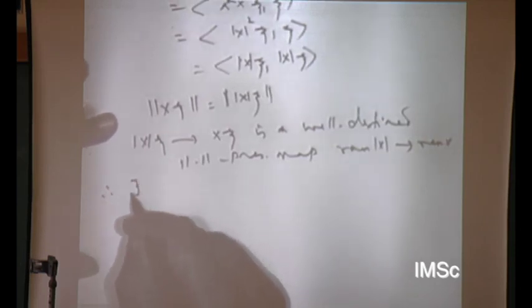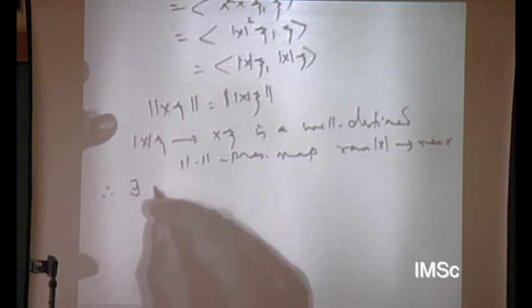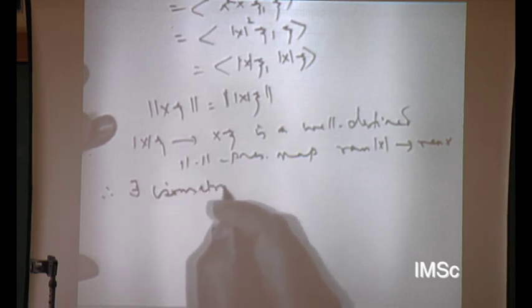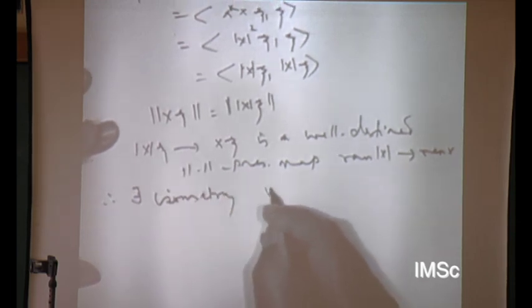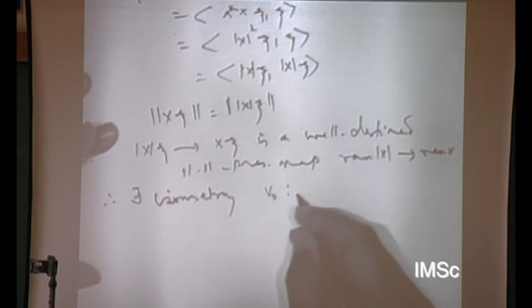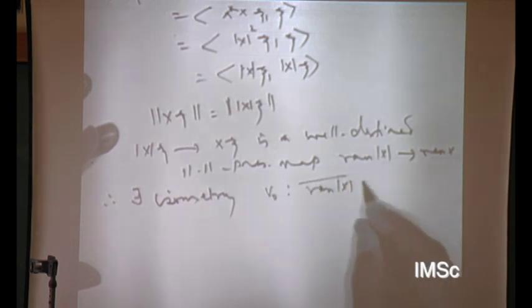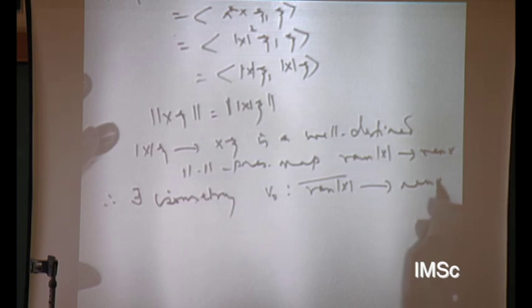There exists an isometry, let me call it V0, from range mod x closure to range x closure.